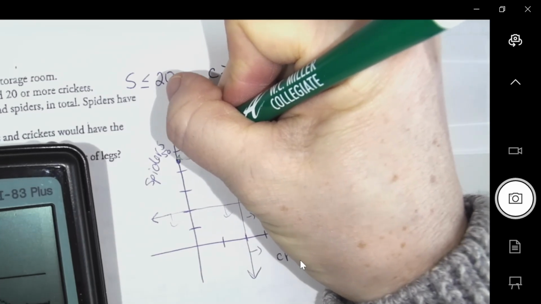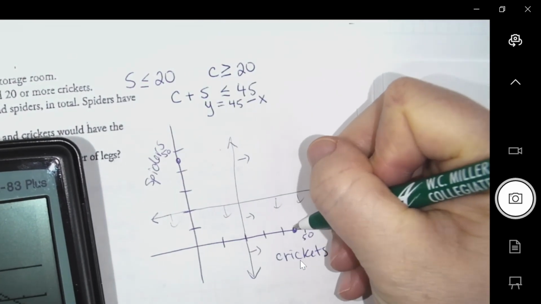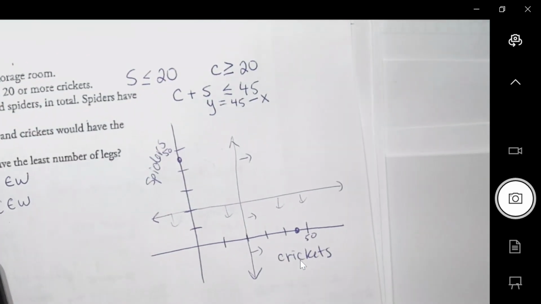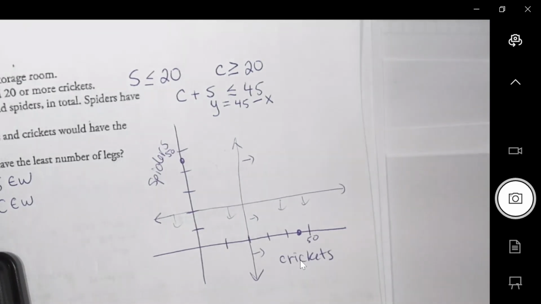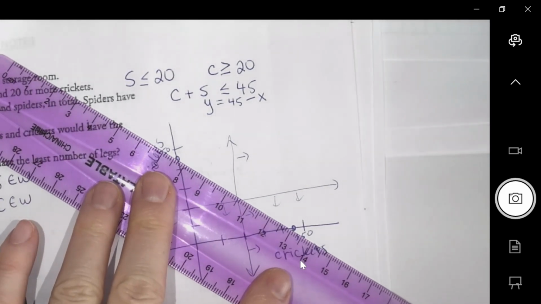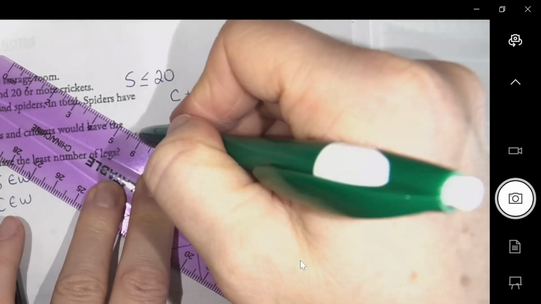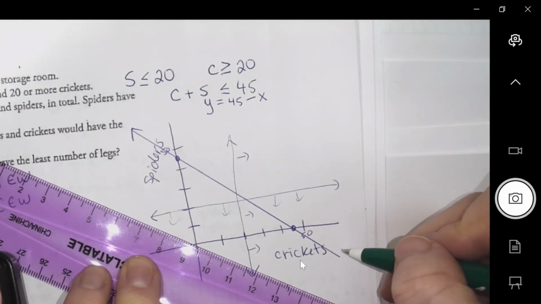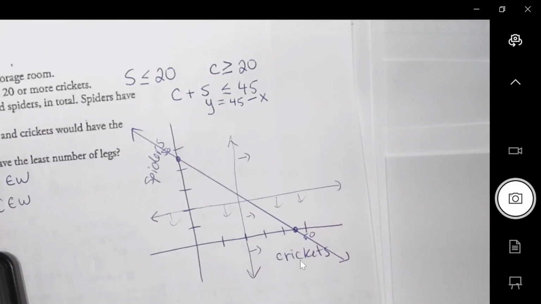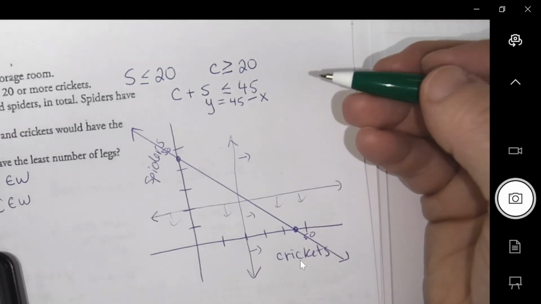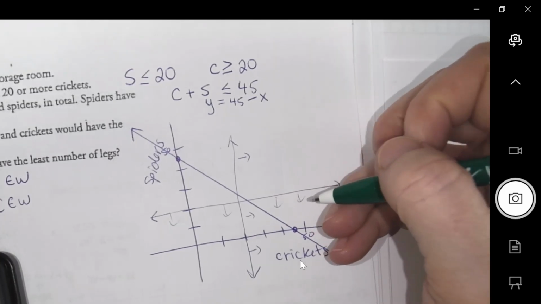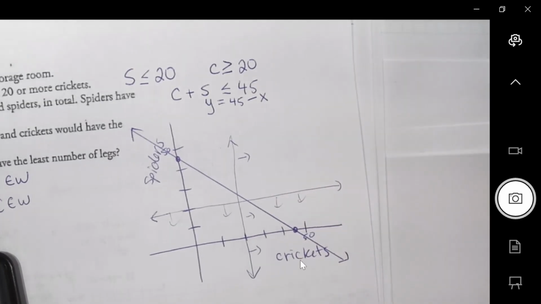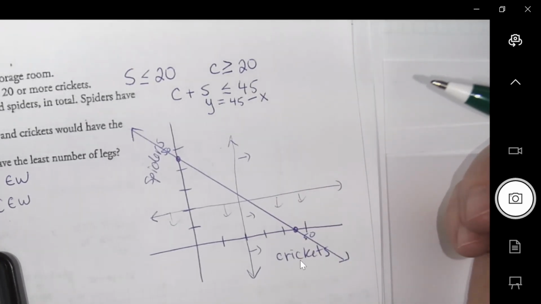You know what I also knew? They both had a y intercept of 45. I knew that, so. And on that line, we have to be below it.